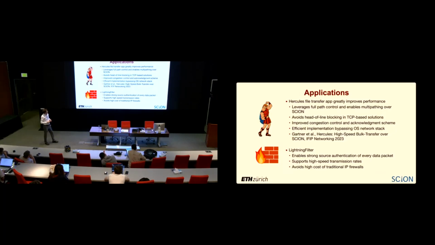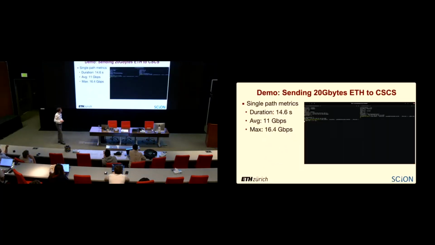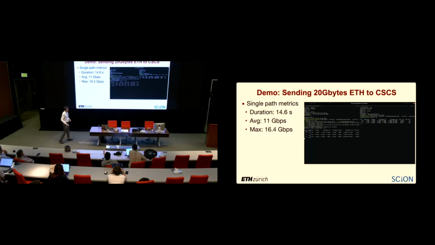Another application we wrote was Hercules, and another one is Lightning Filter, high-speed file transfer and firewalling. And here's an example running Hercules at ETH. Should start. I need to click. Oh, okay, now it's starting. Which essentially can achieve quite high speeds for point-to-point communication.